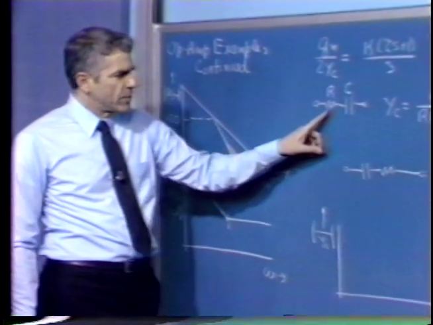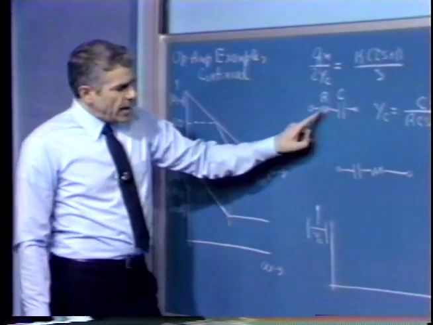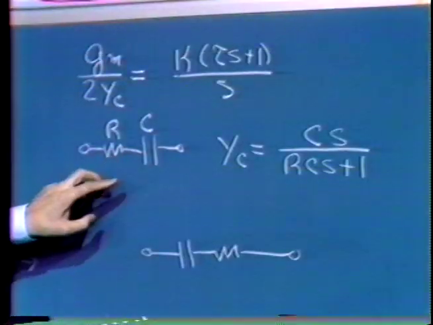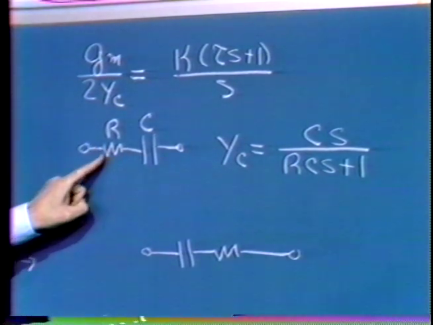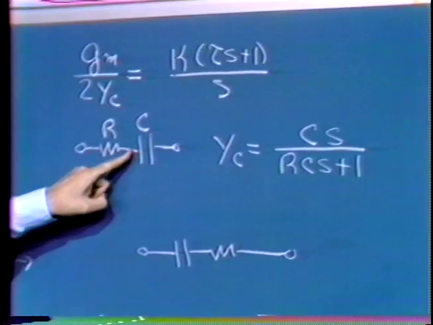Well, what we're doing is using a network of the general type shown. And the important part of this network is that at high frequencies, at least as far as the teeth are concerned, this network looks resistive.